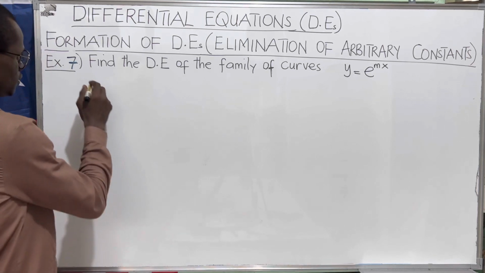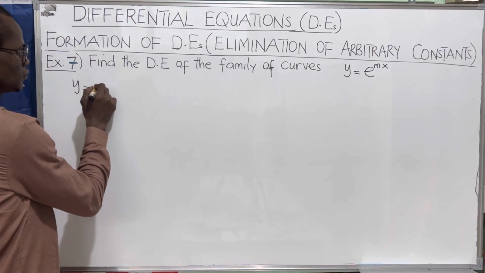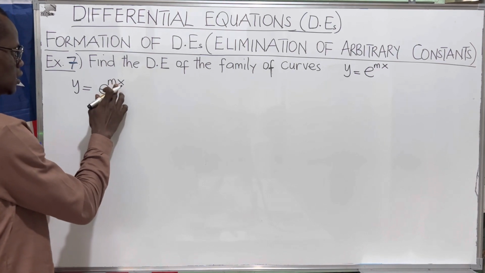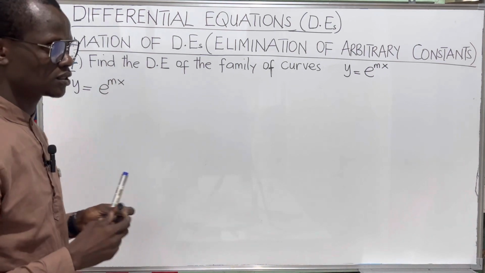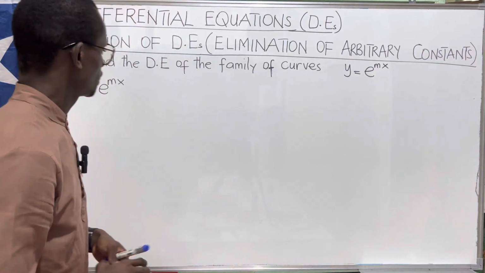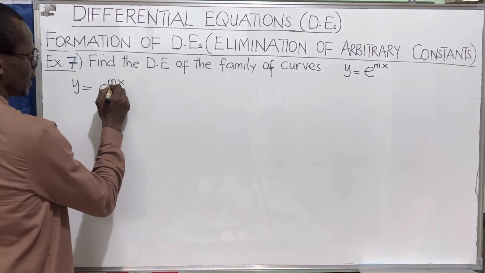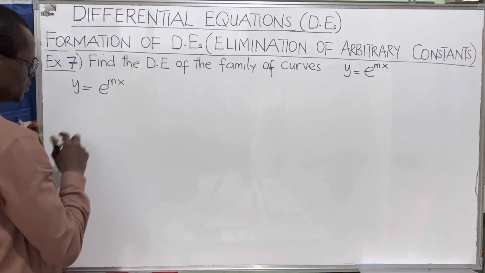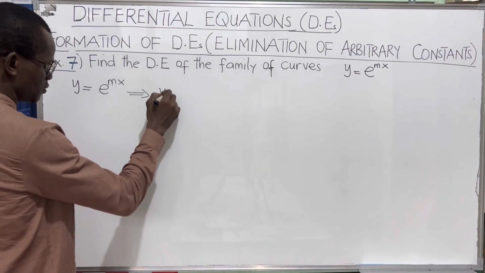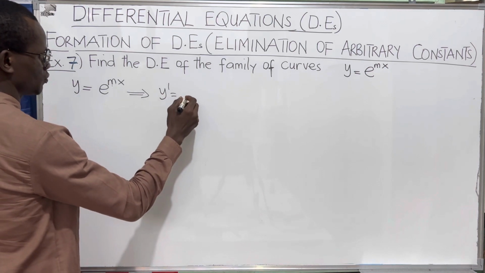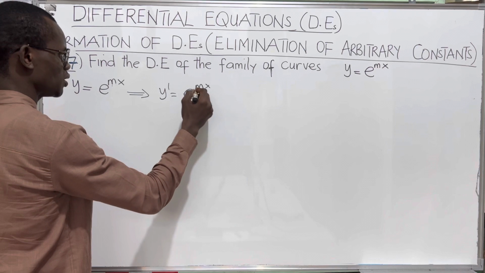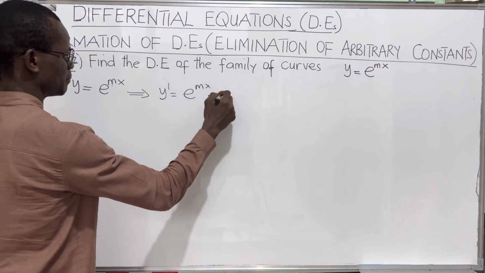Take note that the number of arbitrary constants within the equation determines the number of times you are to differentiate. Since we have one arbitrary constant, which is just m, we must differentiate once. So the derivative will be y prime equals e raised to the power mx times the derivative of mx, which is m.